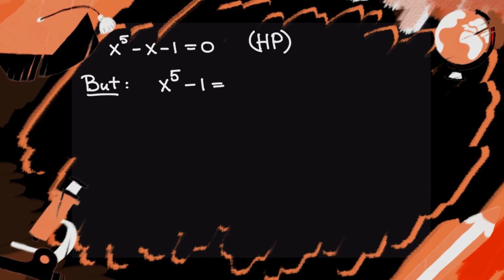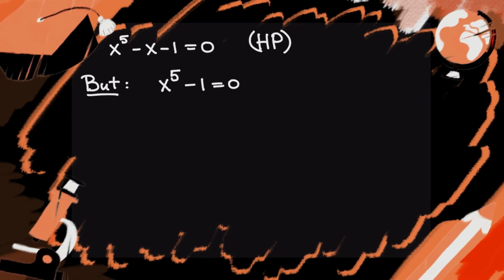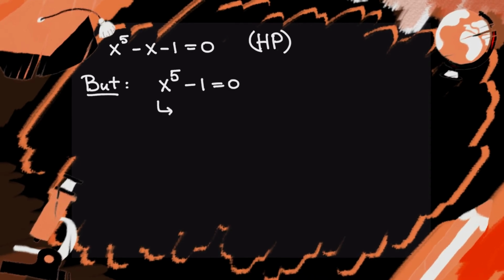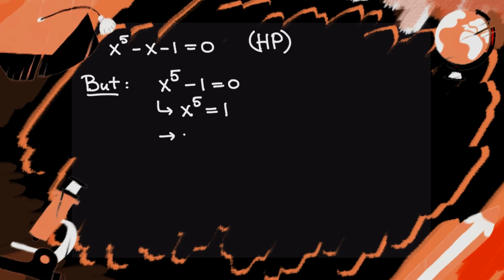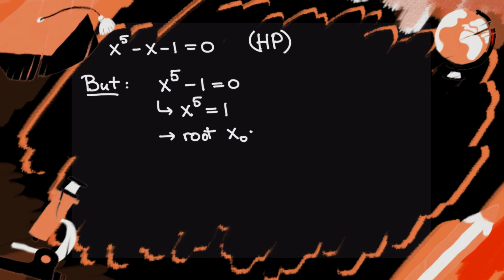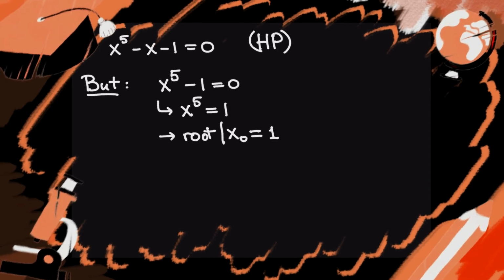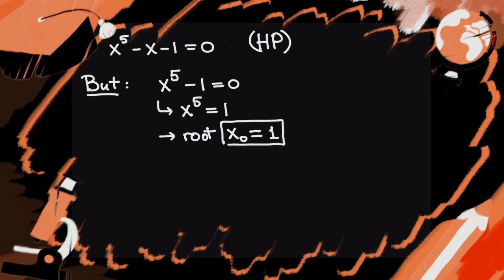We would have a quintic polynomial, x to the fifth minus 1 is equal to 0. And this is actually very, very easy to solve. Indeed, if I bring the 1 over to the right-hand side, it's clear that there's an obvious root, which I'll call x sub 0, which is just 1. So this is my easy problem.